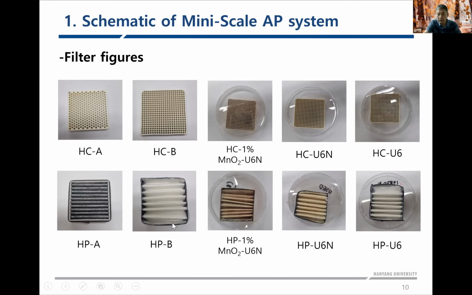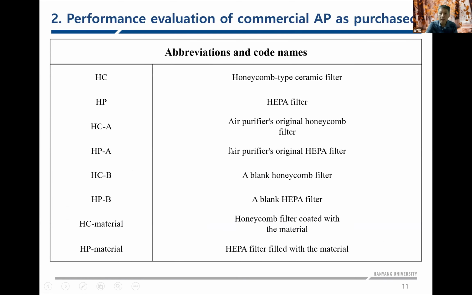However, for the HEPA filter, although this is not the main goal, just for the purpose of testing performance, we also modified this system with the materials we prepared. So, based on such modification, we are using this type of acronym.